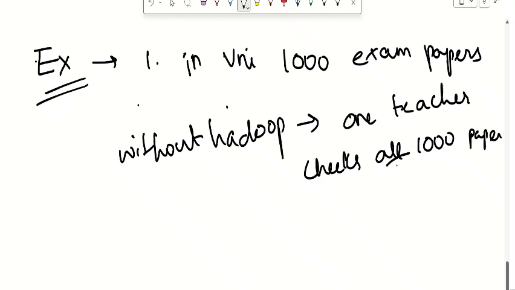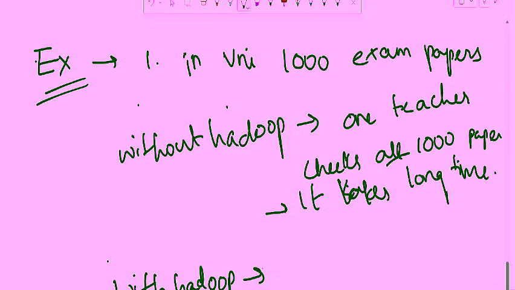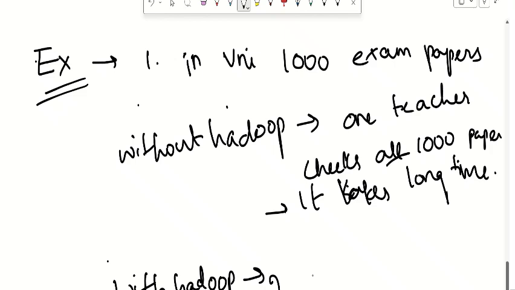What is the disadvantage here? It takes a long time. With Hadoop, the work is distributed to many machines. So with Hadoop, 20 teachers each receive 50 papers. Everyone checks simultaneously, and results are combined. Total time is much shorter than before.